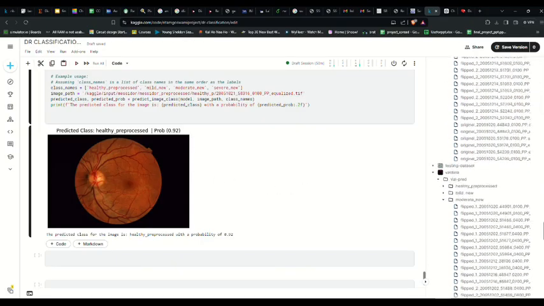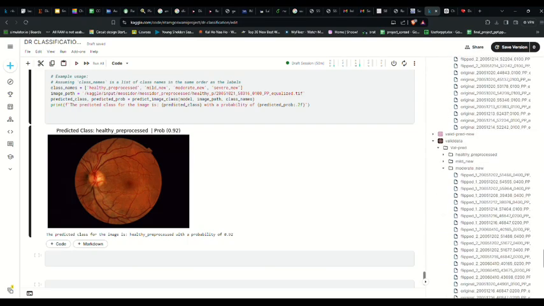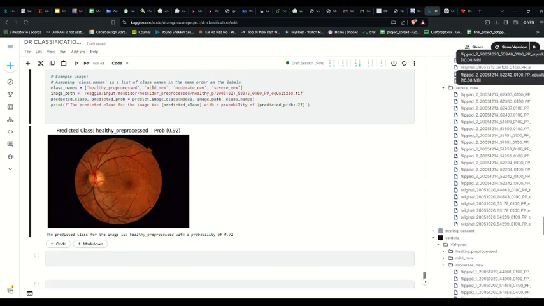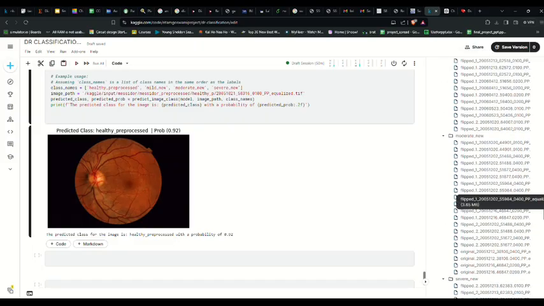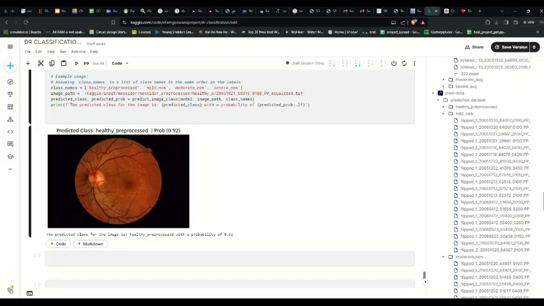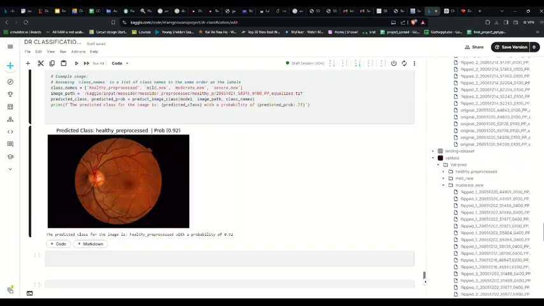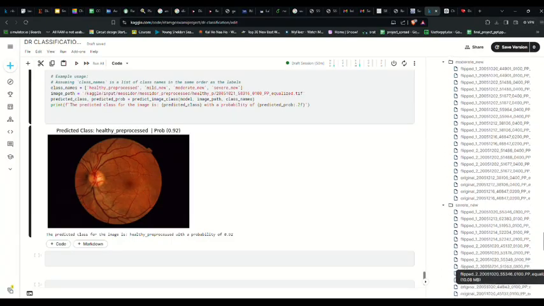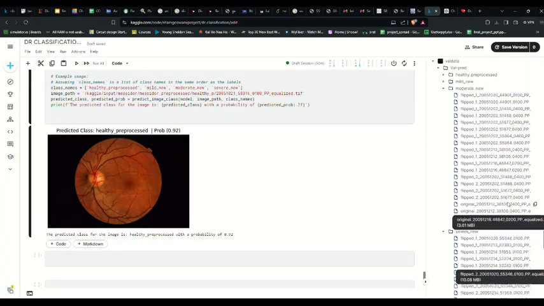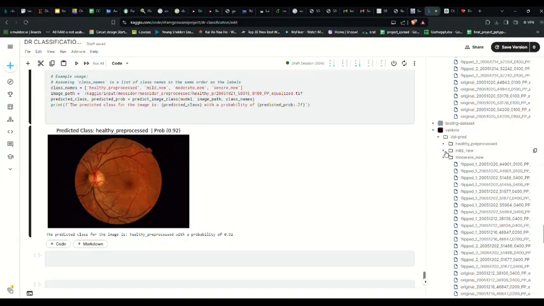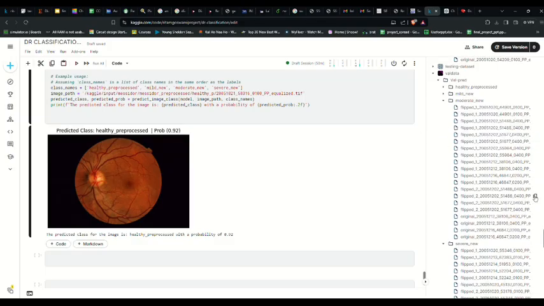Now let us try to see an image from the different dataset. Suppose we want to see the image from the validation dataset here. This time let us try to take a moderate image.